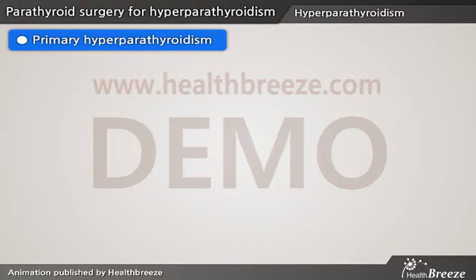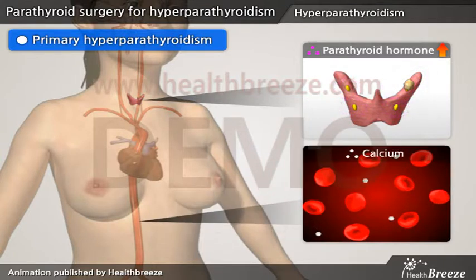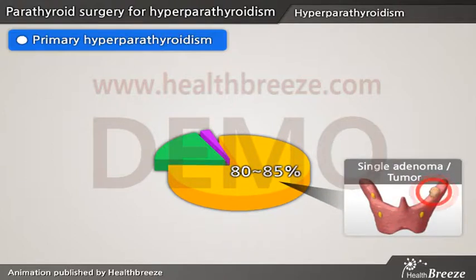Primary hyperparathyroidism. Primary hyperparathyroidism refers to an enlargement of one or more of the parathyroid glands leading to overproduction of parathyroid hormone and subsequent elevation in blood calcium level. 80 to 85% of primary hyperparathyroidism is caused by a single adenoma, or a tumor of the parathyroid gland.